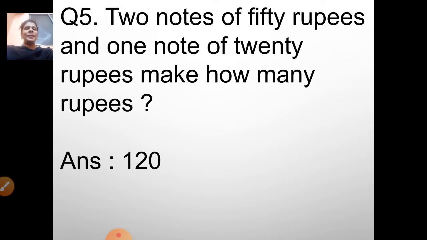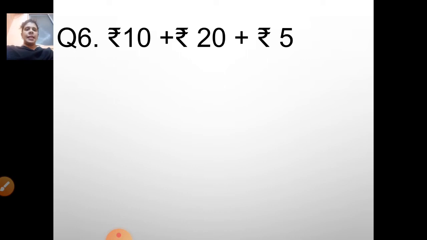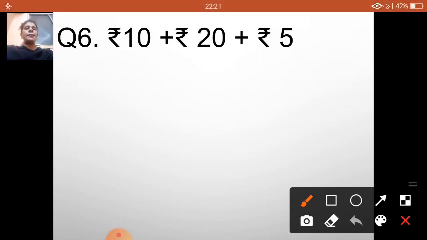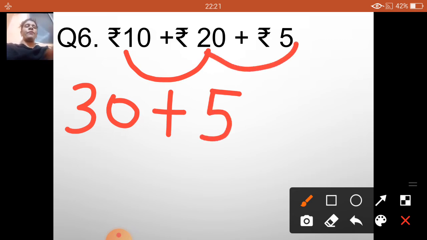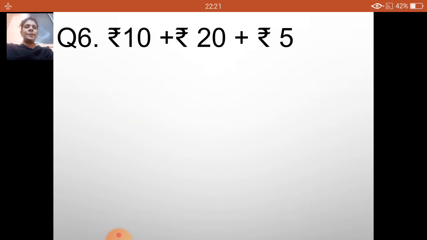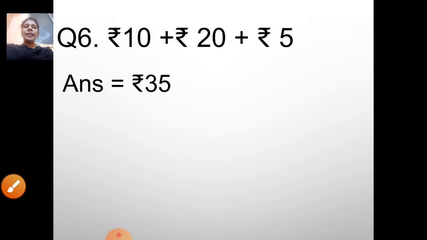Two notes of 50 rupees and one note of 20 rupees make 120. Okay. Now question number 6. Rupees 10 plus rupees 20 plus rupees 5. Add and tell me, children, what will be your answer? 10 plus 20 will be 30. To that 30 I have to add this remaining 5. 35.